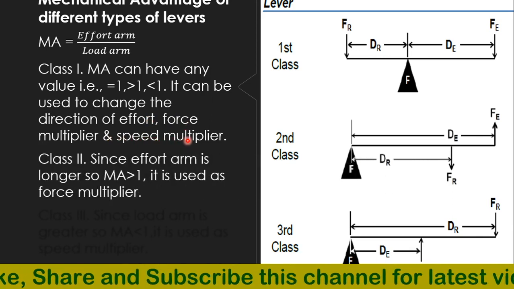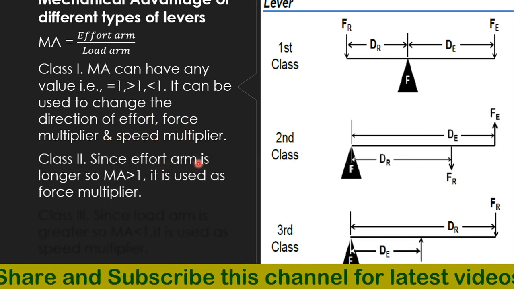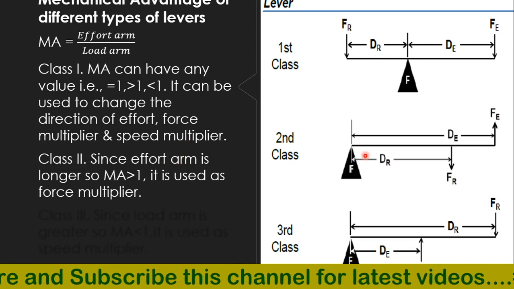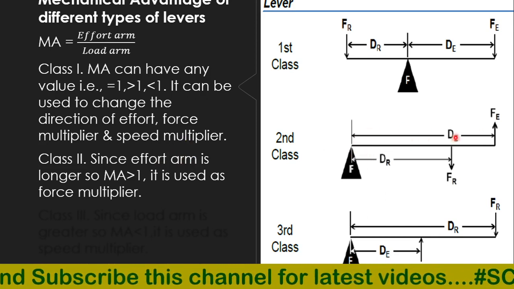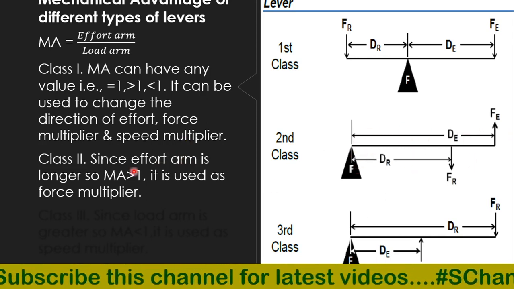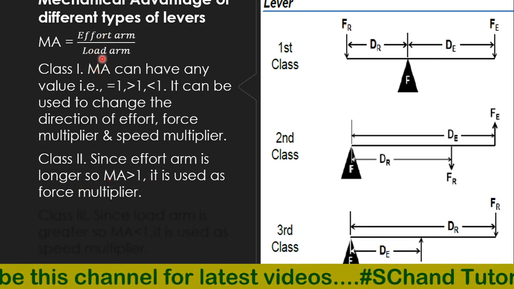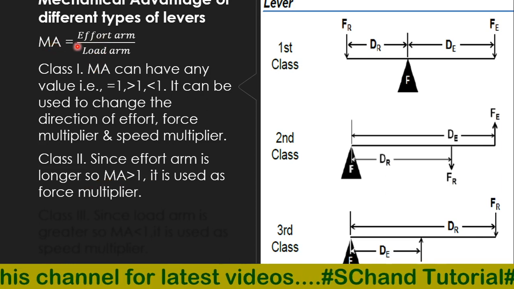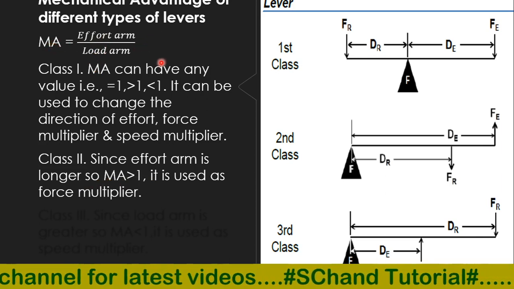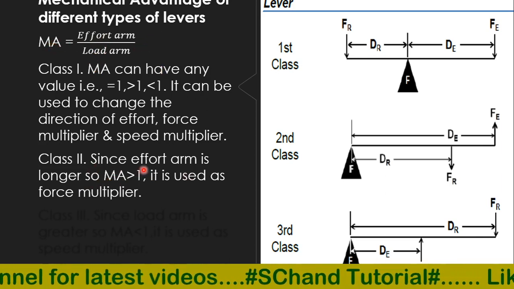So class 2 lever, since effort arm is greater in this case. Its mechanical advantage is always greater than 1, because if effort arm is more than load arm, mechanical advantage will always come greater than 1. So it is used as a force multiplier.